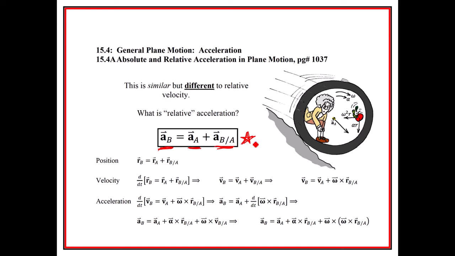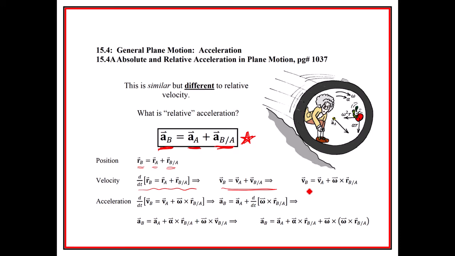One way that we could approach this is to start from the position vector, right? So if we had the position of point B, and we wanted to find it based on a known position and then the relative position between the two, this would be true. We took the time rate of change of that, and we get what we already know to be true here, what we covered already in the previous classes.